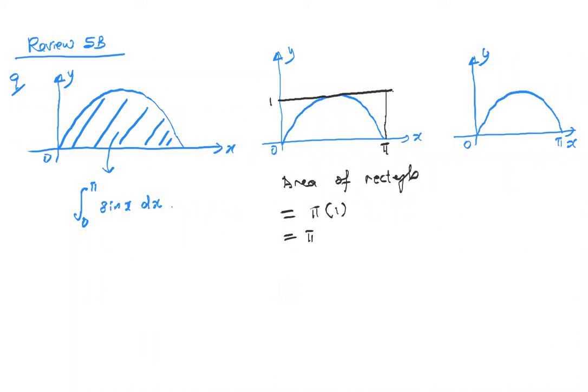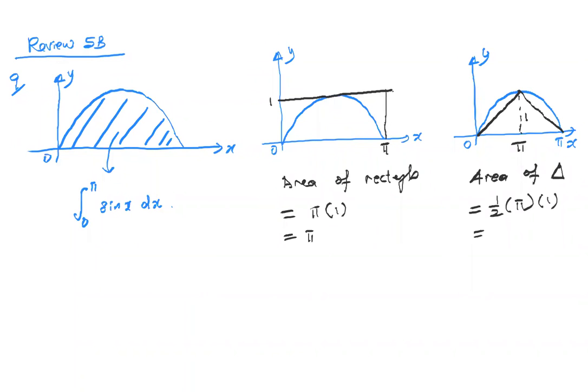This is pi. So what I can do is, because I want to try to get half pi, I draw a triangle. So here is 1, here is pi. So area of triangle is equal to half pi times 1.